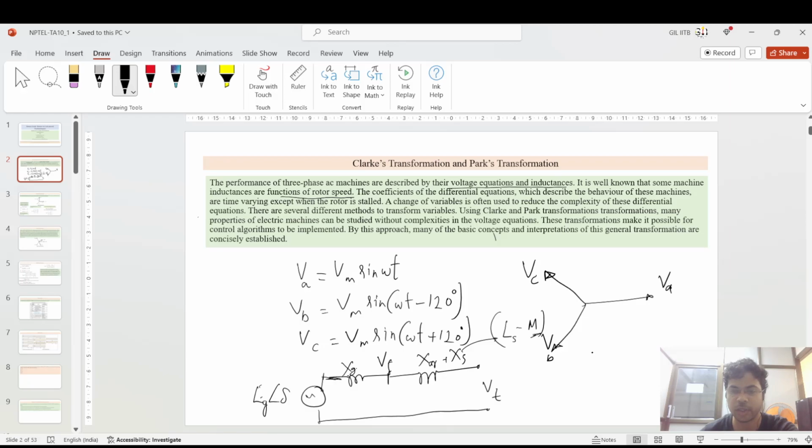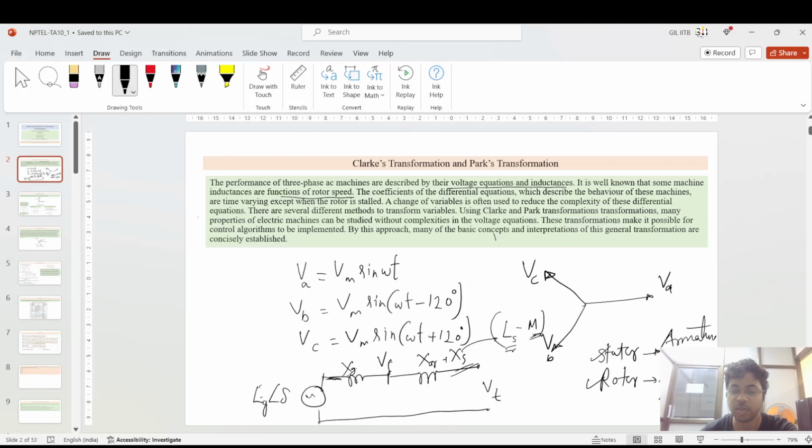This M comes from the fact that you have two windings. The first is on the stator, and the second is on the rotor. On the rotor you have the field winding, and on the stator you have the armature winding, if you remember that. There are certain interactions between the stator EMF and the rotor EMF, from which certain EMF gets induced due to mutual flux interactions.